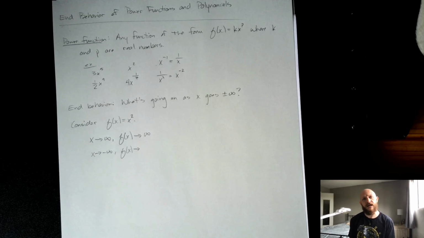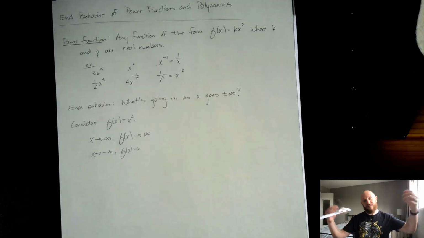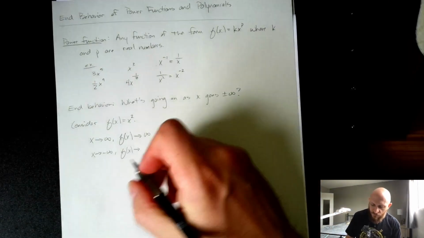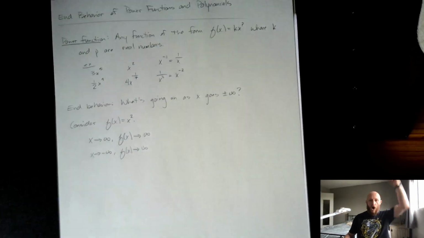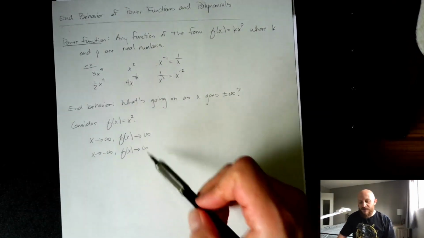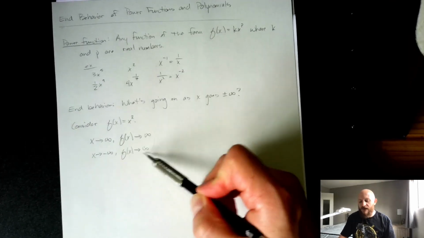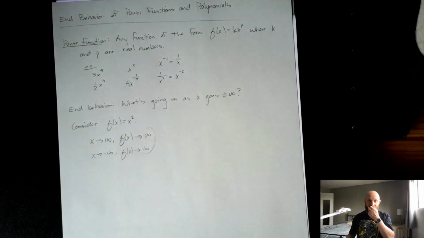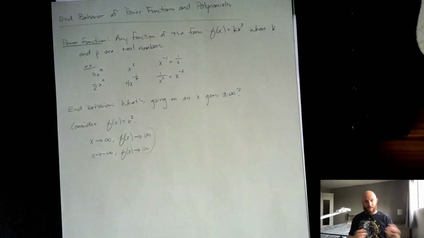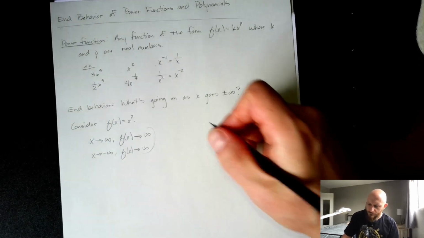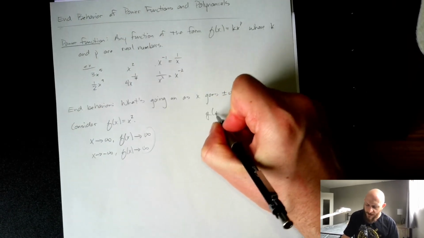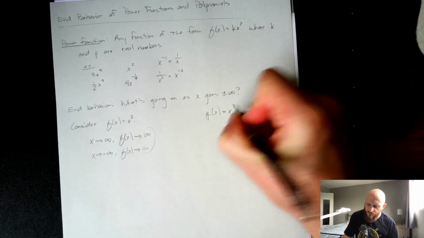A negative times a negative is positive. So negative 10,000 squared is actually the same as 10,000 squared. So as x goes to negative infinity, f of x also goes to positive infinity. This is the end behavior of x squared: as x goes to positive or negative infinity, f of x goes to positive infinity only.